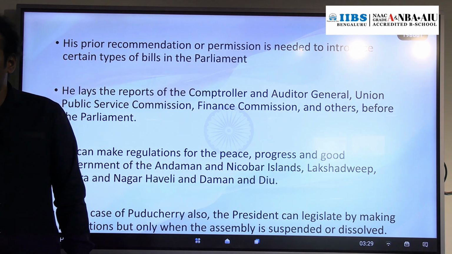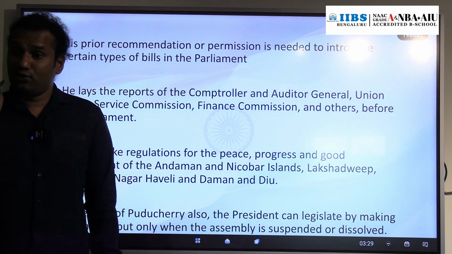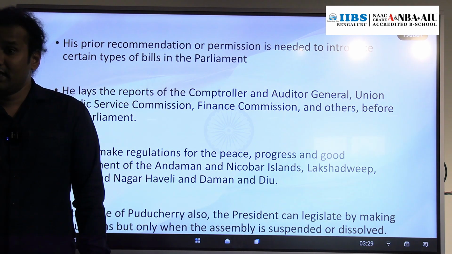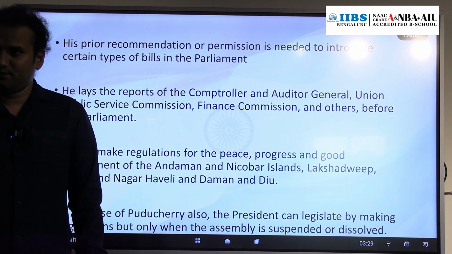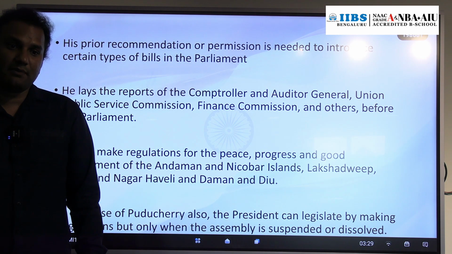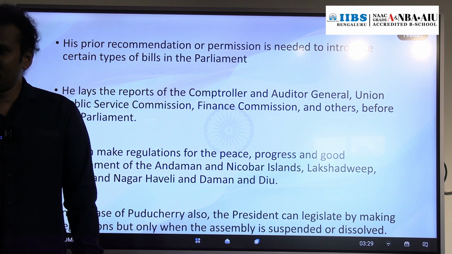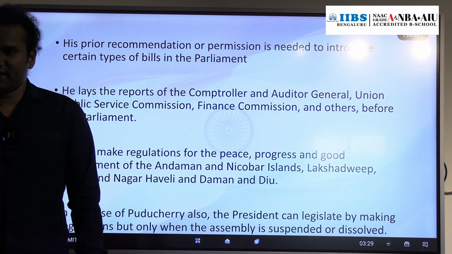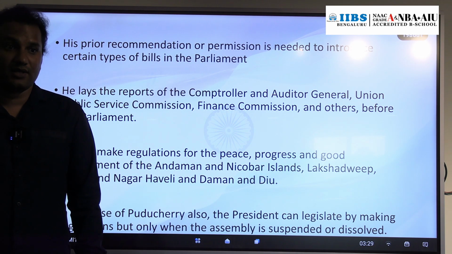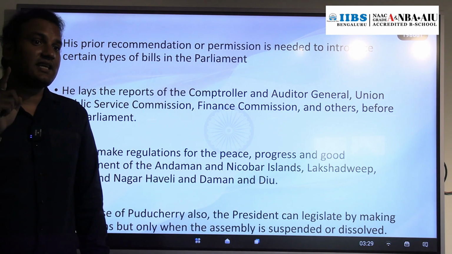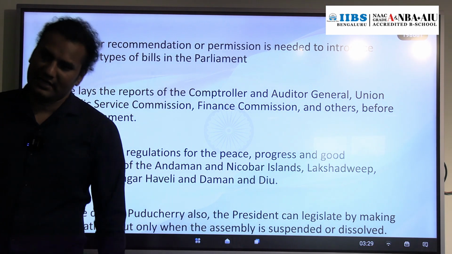But not every time. Puducherry has an assembly. If that assembly is dissolved, then only can the President make the regulation for the peace, progress and good governance of Puducherry. Understood everyone? So this is about the legislative power of the President of India.